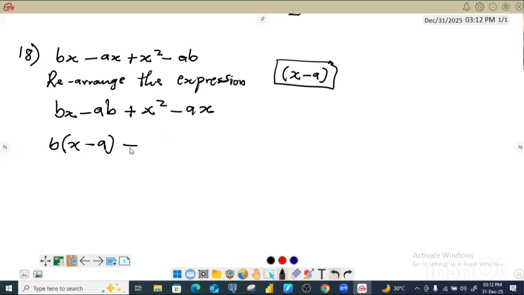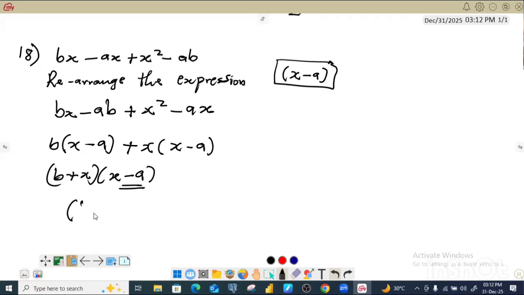So we are going to have b plus x into x minus a. I want to believe that is clear, right? Yes, sir. So you have b plus x into x minus a. That will give us the solution we are looking for. So the other factor they ask us to look for is b plus x.